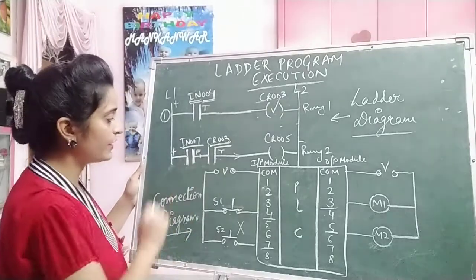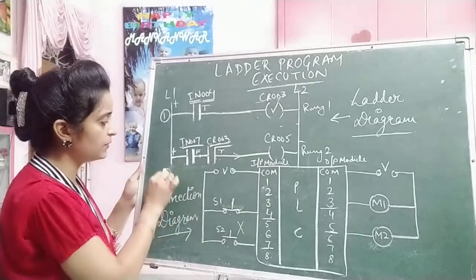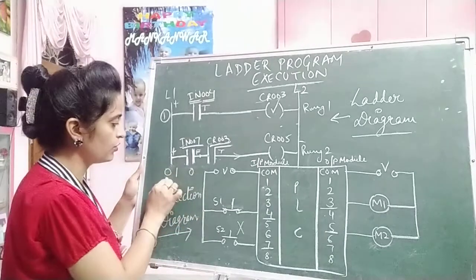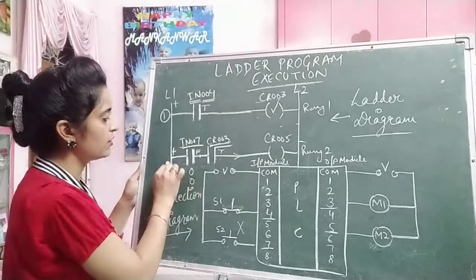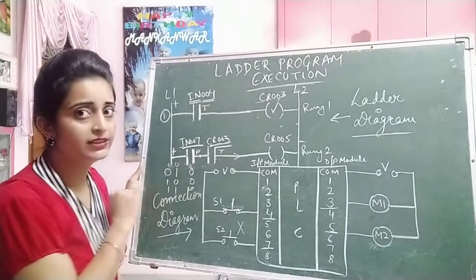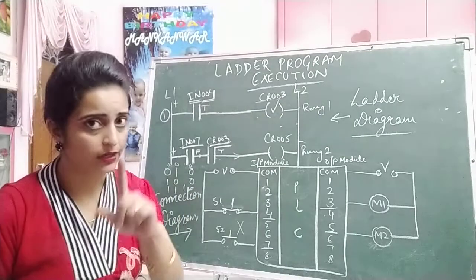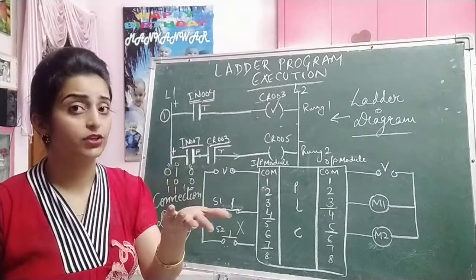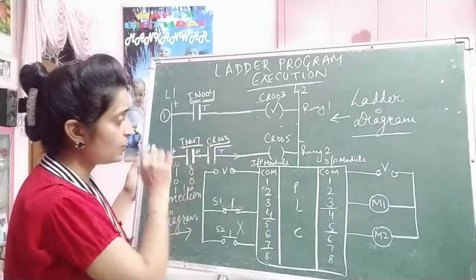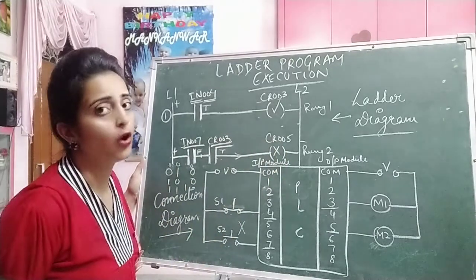We know that AND logic means multiplication. In multiplication, 0 1 is 0, 1 0 is 0, 0 0 is 0, and only when both of these are true will the output become 1, or high, or get energized, right? So it is false and it is true, so this will not be energized.